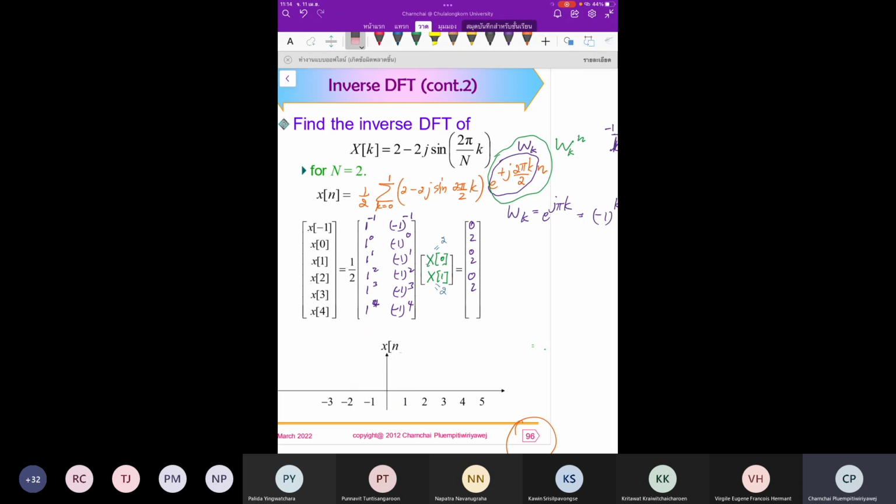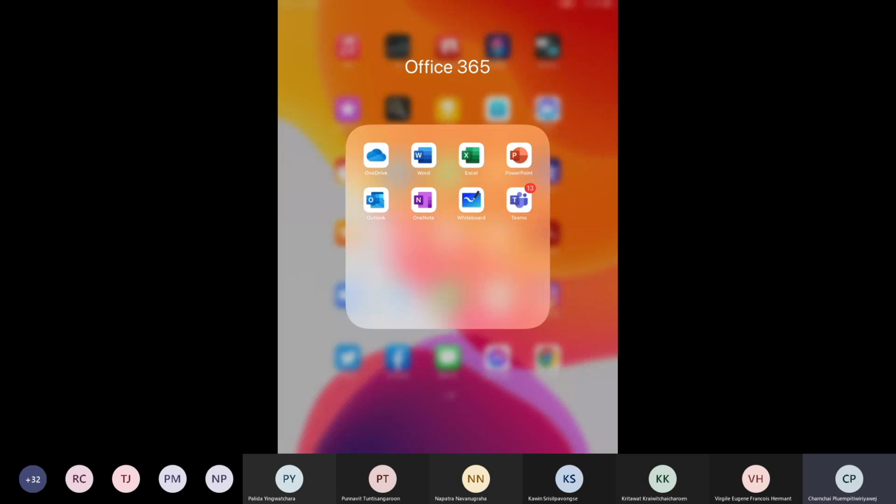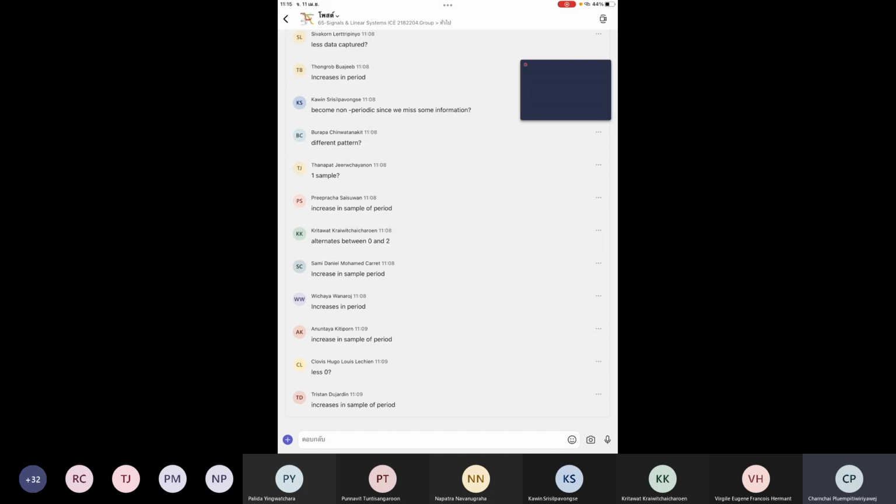Okay, it's periodic with period 2, so you get 0 2 0 2 0 2 0 2. It's periodic like this. Who was right actually? Yeah, Gitawat, you're right.